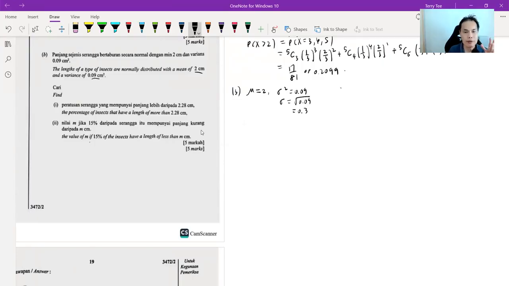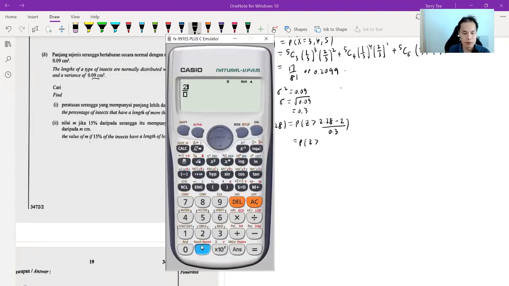You're supposed to find the percentage of insects with length more than 2.28. So we need to standardize. From x to z, we take your x value minus your mu, which is 2, divided by standard deviation 0.3. So 2.28 minus 2 divided by 0.3.